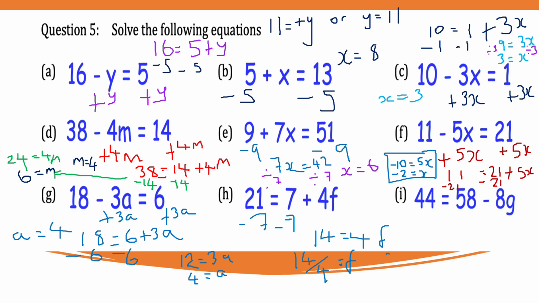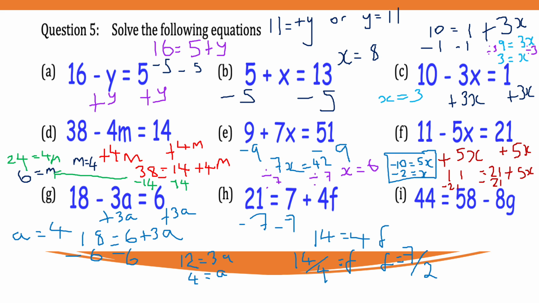Dividing top and bottom by 2, I get that h is equal to 7 halves. Oops, should be a 7 there, guys. Sorry. Let's just delete that and do that one again. So it should be 7 halves, okay, or 3.5 for h.